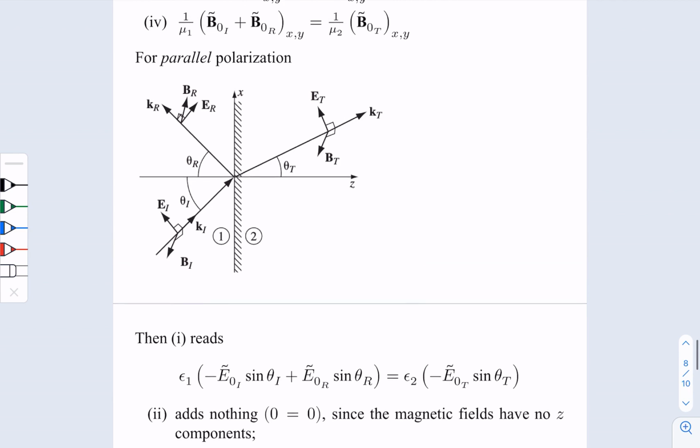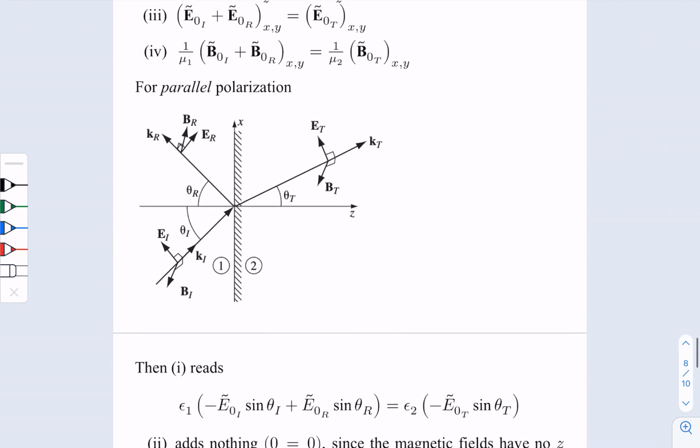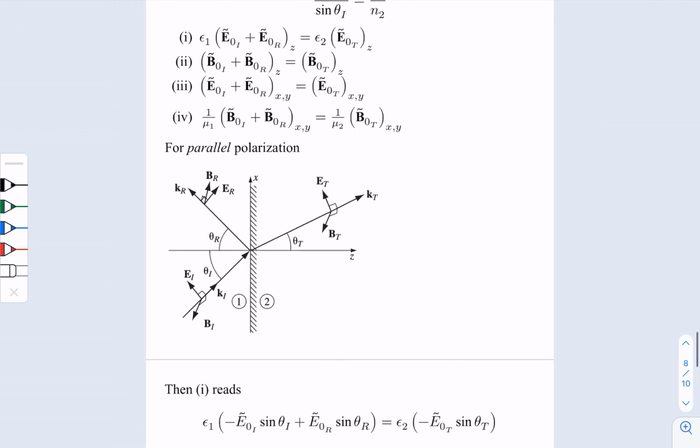If you try to explicitly solve the problem, the boundary conditions are listed over here. But I'm not going to dig into how every step is derived.